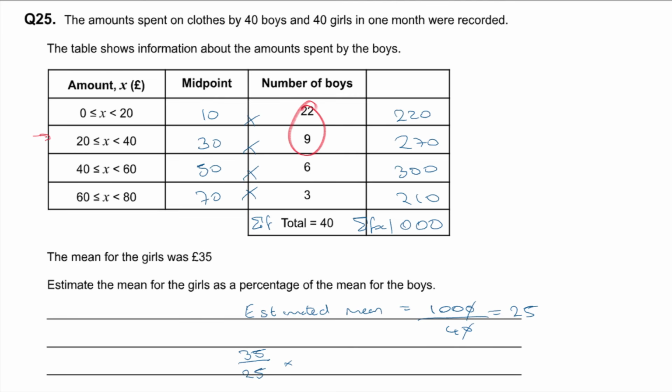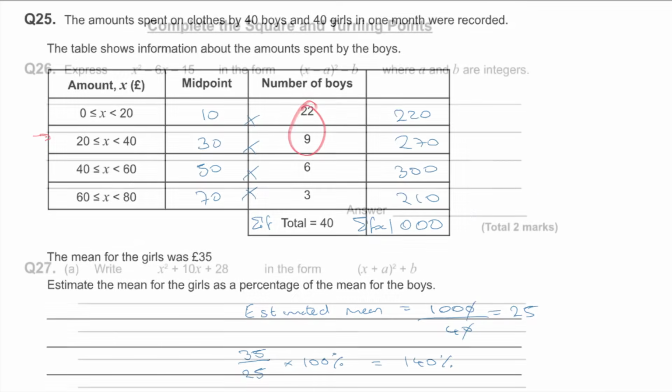So it's going to be 35 over 25 times 100. 35 divided by 25 times 100 comes to 140%. Okay, so the girls' mean is 140% of the boys' mean. That makes sense because the girls have got more than the boys. So 25 times 1.4 is going to give you 35, I guess.